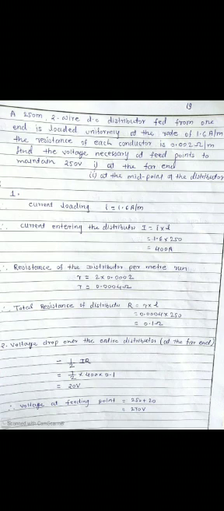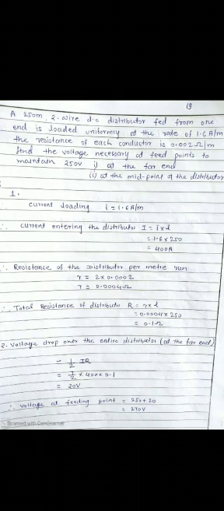So, just one writing correction. The resistance of each conductor is shown in the slide as 0.3 times 0 2 ohm, but only the 20 is observable, so there is a writing mistake.